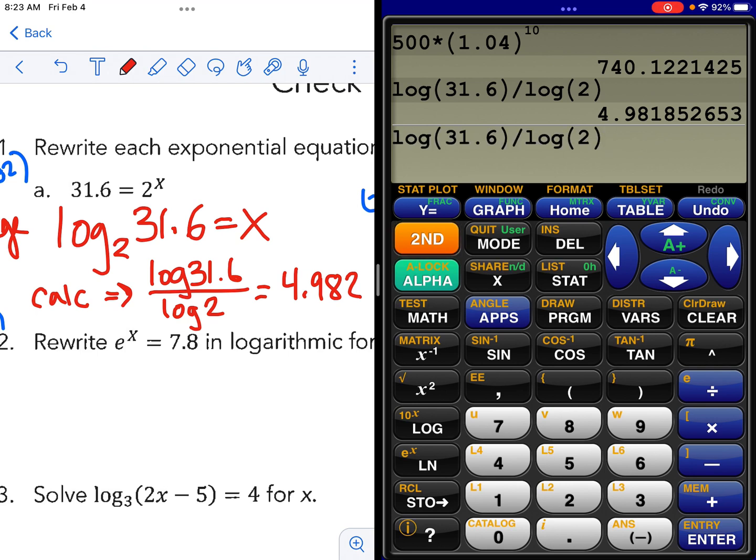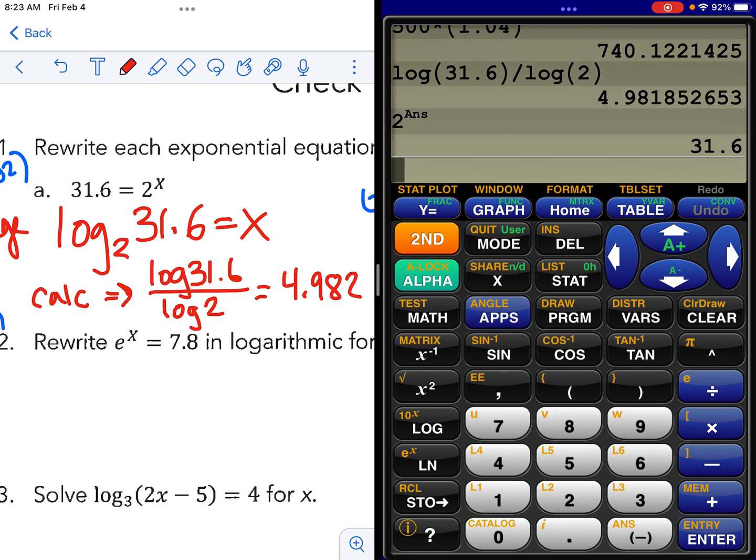I'm going to raise that to a power, I'm going to do a second and answer key. It says A and S, and that takes whatever answer is right above it, so it's the 4.98. And then if I hit enter, you can see I get that 31.6.